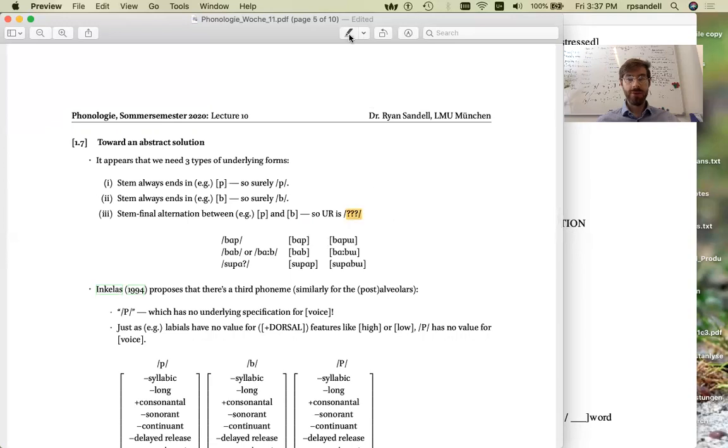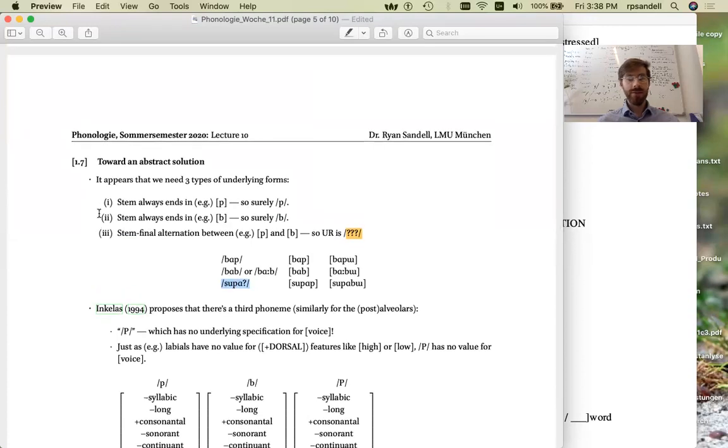And the question is, what can we choose as the underlying form? So again, ignoring the problem in vowel length for a moment, in the word bab, the underlying form clearly needs to be bab. But in supa or hijab, there we need some other sound.